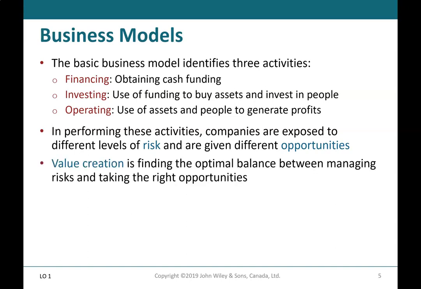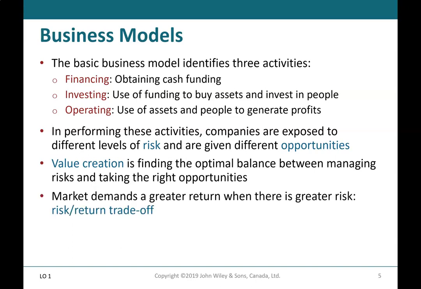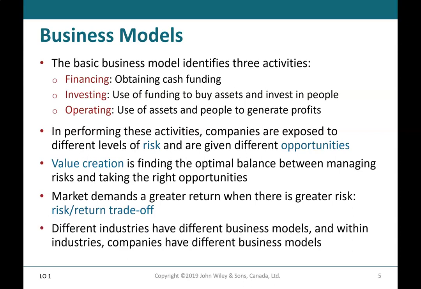Value creation is finding the optimal balance between managing risks and taking the right opportunities. The market demands a greater return when there is greater risk, the risk-return trade-off. Different industries have different business models, and within industries, companies have different business models.